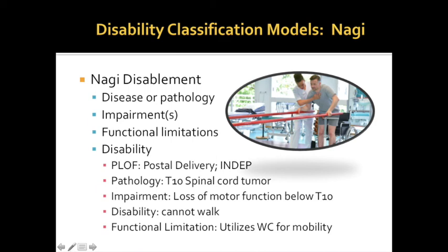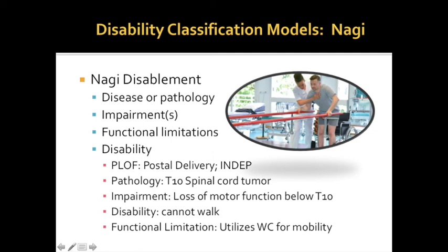The Nagy model was developed in 1965. It describes an individual's health status as a product of the relationship between their health and function. It is defined by these four primary concepts: disease or pathology, impairments, functional limitations, and disability.